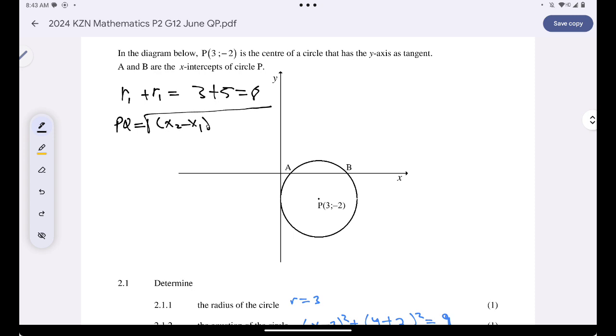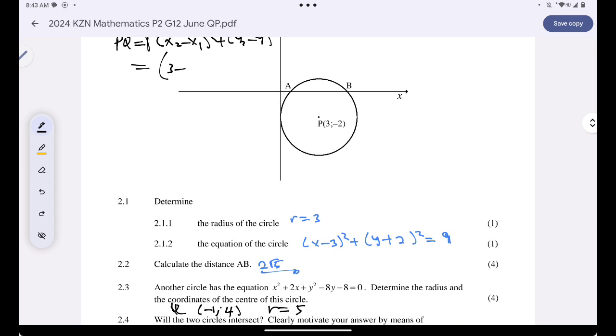is the square root of (x2 minus x1) all squared plus (y2 minus y1) all squared, né? This is 3. The x coordinate is what? -1. So I'll have a +1 here squared. Then I'll have a -2 minus 4 squared, all under a square root.